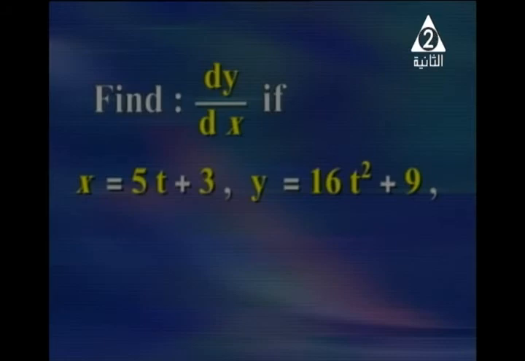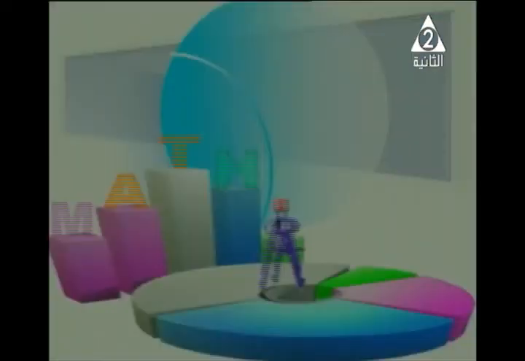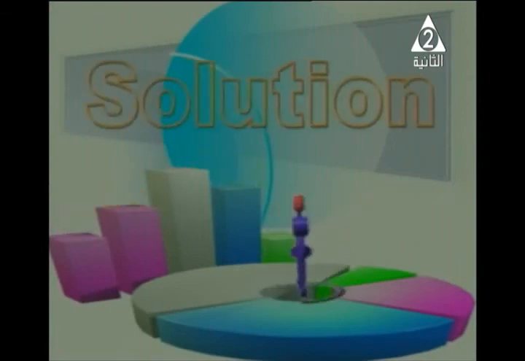What do you deduce? We find dx over dt and dy over dt. After that, we divide dy over dt by dx over dt. We deduce dy by dx. Remember, we find dy over dx at t equals 5. Remember, dear student, in the first step of the solution, we find dy over dt. What is y? What is x?